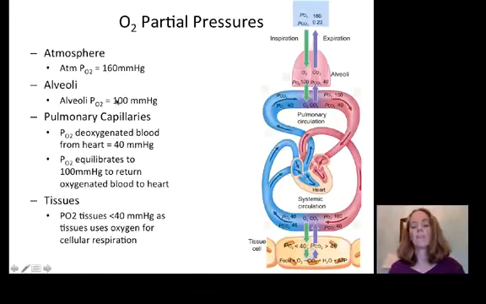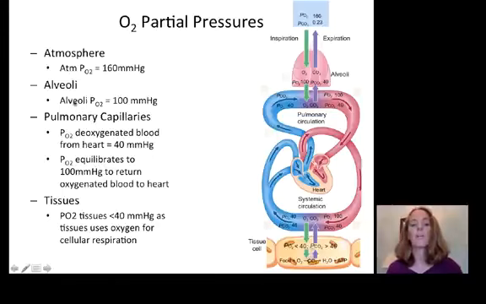The pressure gradient from the alveoli to the blood is 100 to 40, because this is deoxygenated blood that just came from the tissues and it wants to be replenished in the lungs. So that deoxygenated blood has 40 millimeters of mercury, and it then contacts the alveoli at 100 millimeters of mercury. Which way is the oxygen going to go? Well, before you even look at the calculations, think about the big picture. Which way should the oxygen go?